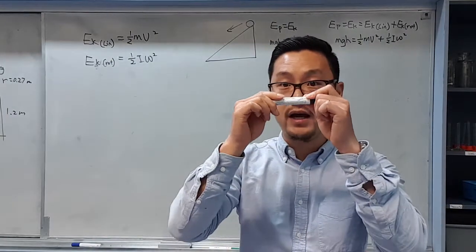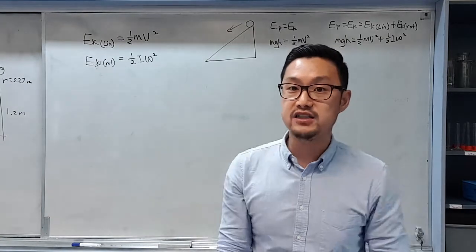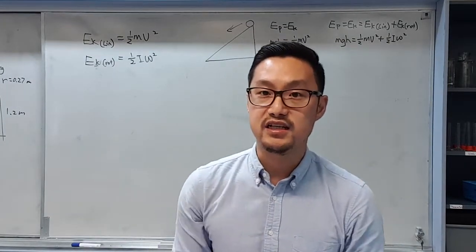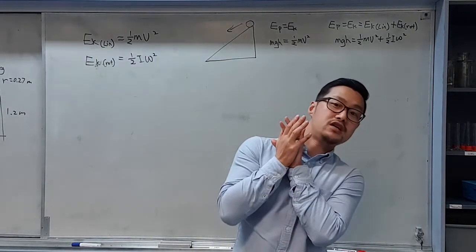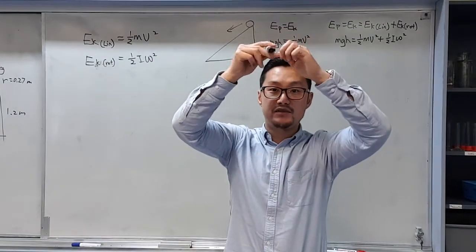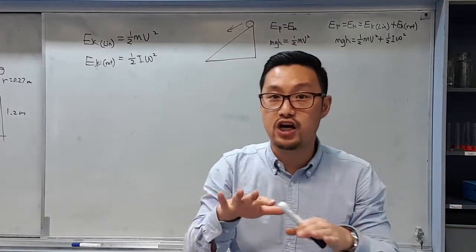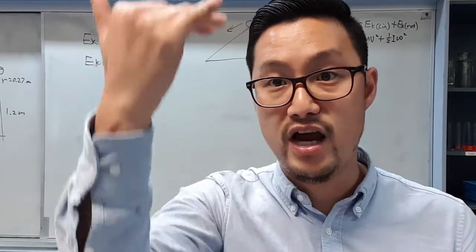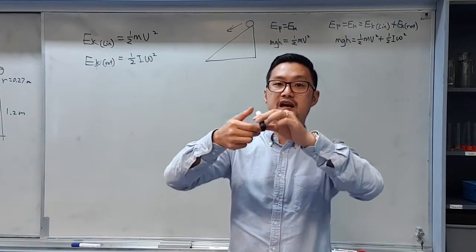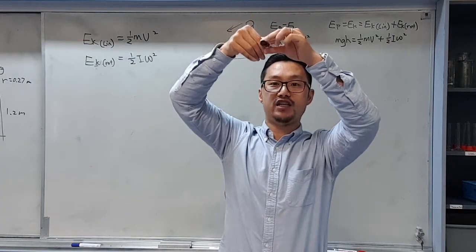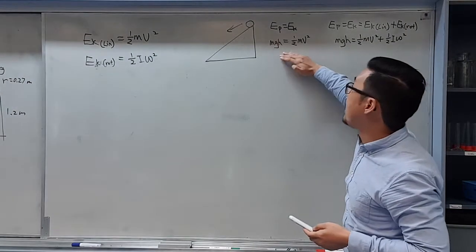Another example: if I have this pen and I throw it upwards, and I also make it spin in the air, what is the energy that turns into gravitational potential energy? Even when the pen reaches the highest position, it's still rotating. So the rotational kinetic energy does not turn into gravitational potential energy, but the upward translational, or linear, speed does, and then it falls down. In this circumstance, you apply last year's method.